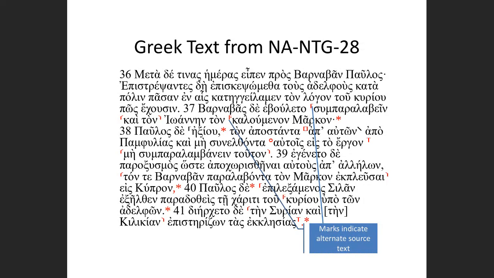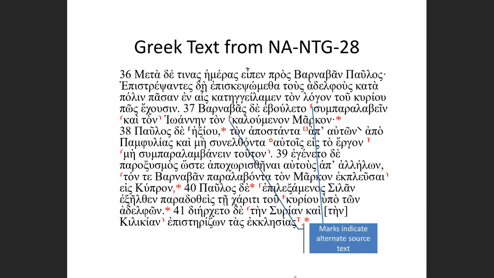What does the Greek text look like in NA-28, Nestle version 28? In it, you will find some markings that mean alternate sources. One alternate source for verse 37 is around the word sum paralaben. The second is around kalalumenon.